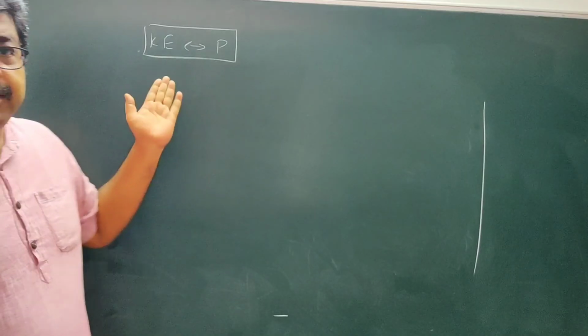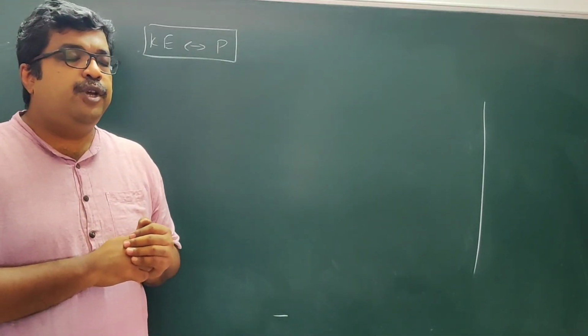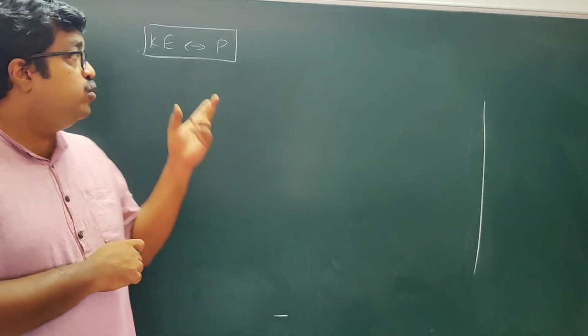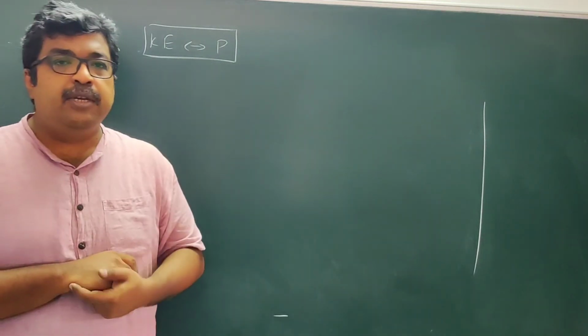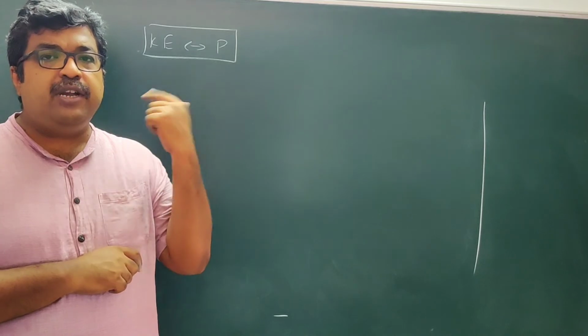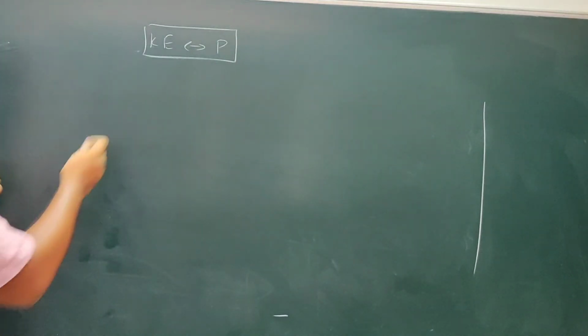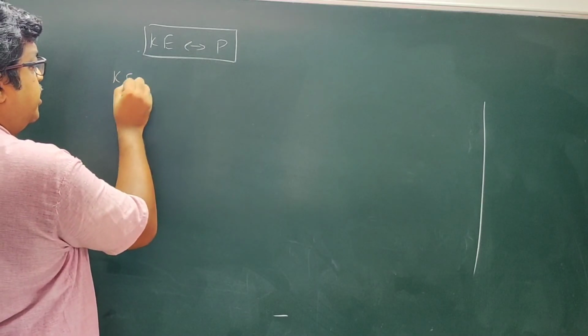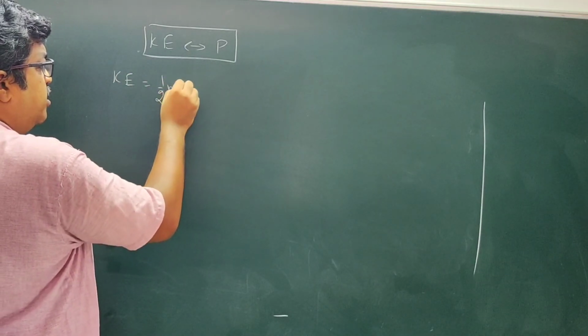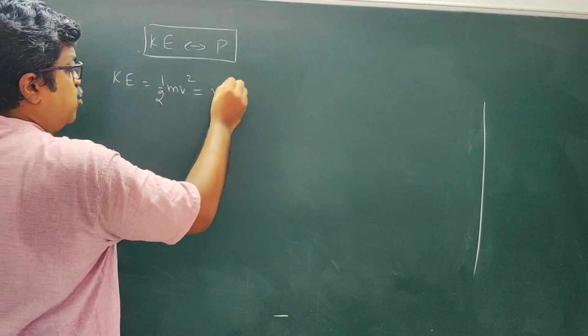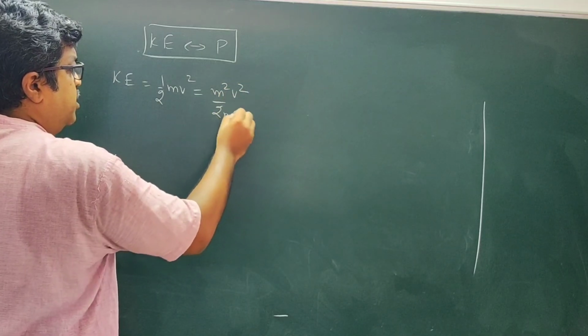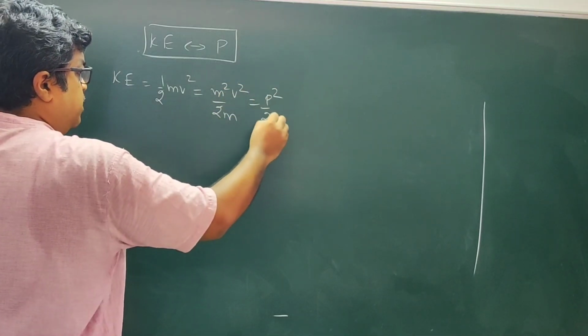Okay, next let us discuss a few important concepts related to the relation between kinetic energy and momentum. Questions have been asked more frequently in NEET from this topic. See, kinetic energy is half mv square, so I can write this as m square v square by twice m, which is equal to p square by twice m.